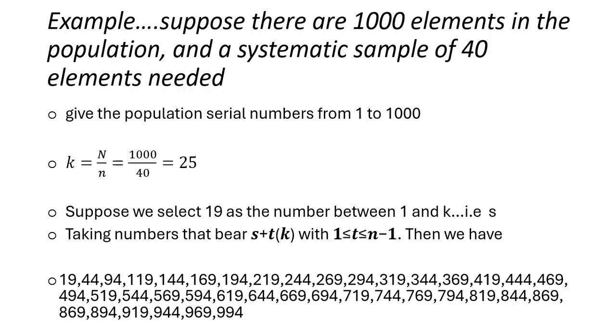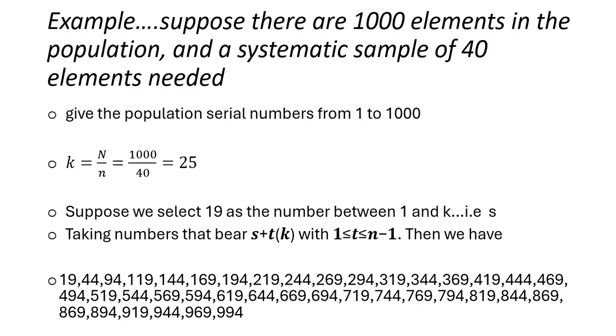For the next one we say s plus t, which is 2 subtract 1, times k, which is 25, and we have 94. Then s, which is 19, plus 3 minus 1, times k, which is 25, and it gives 144.